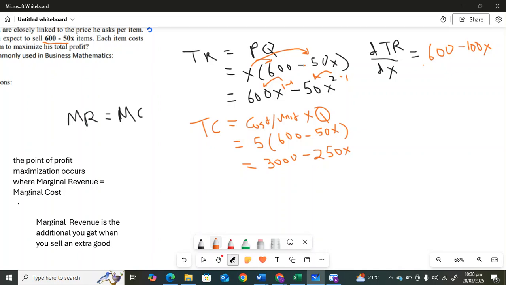Okay. Can we derive the total cost? Because the marginal cost is the derivative of the total cost. So you write it like this: DTC, you're deriving the total cost function with respect to x.